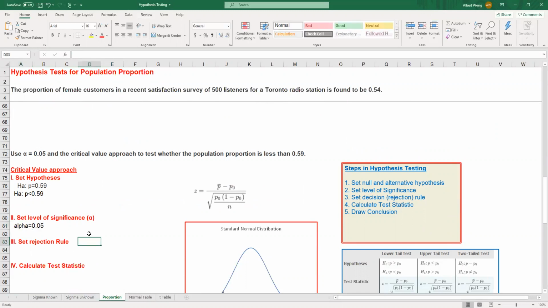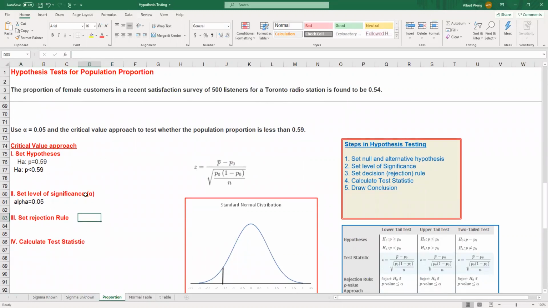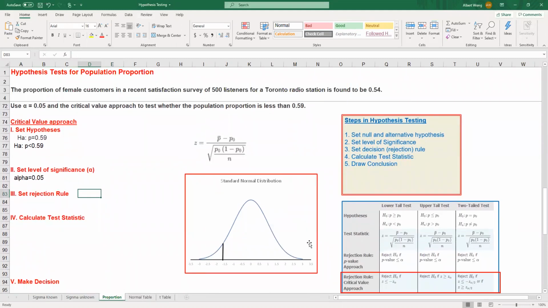And now this one is a critical value approach. So let's draw a picture. We want to find this point so that the area, because it's lower tail, is 0.05. So we want to find a point that corresponds to 0.05 tail area. So how do we do that?